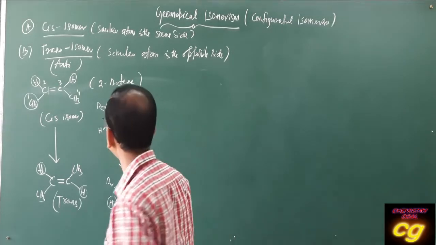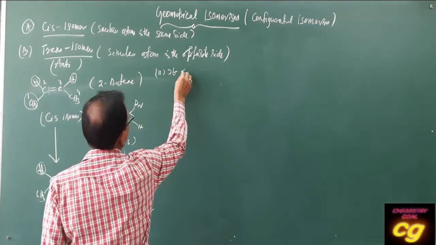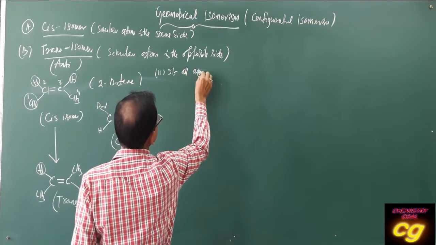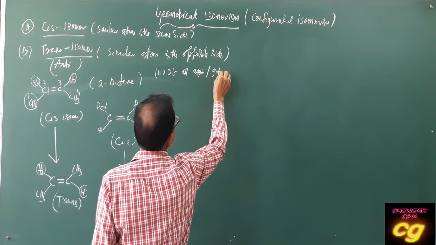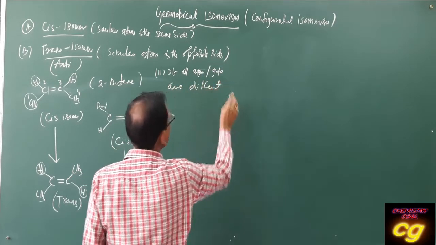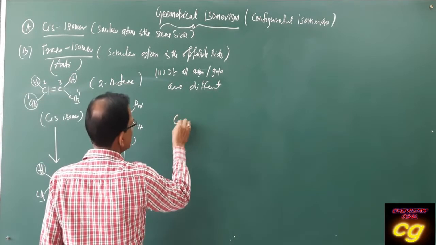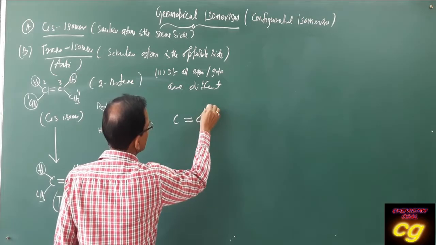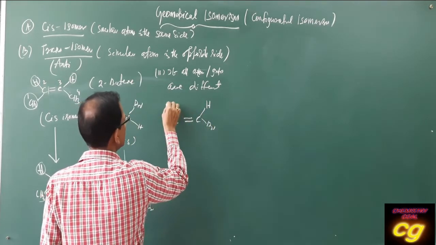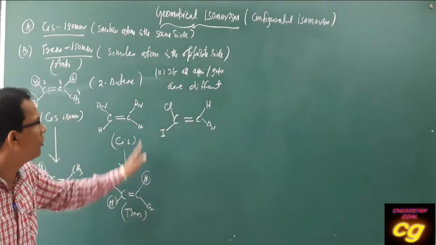But in the second case, if all atoms or groups are different, for example, you take C with H, Br, Cl and I, here all are different.